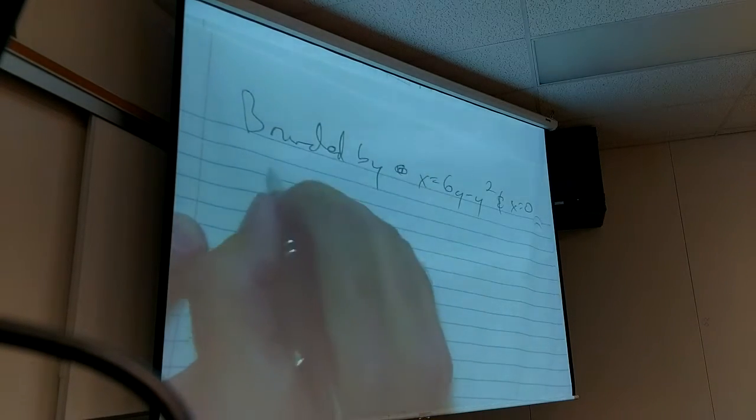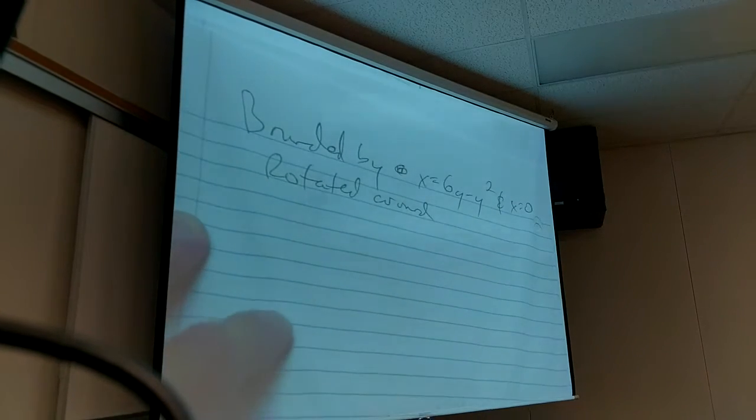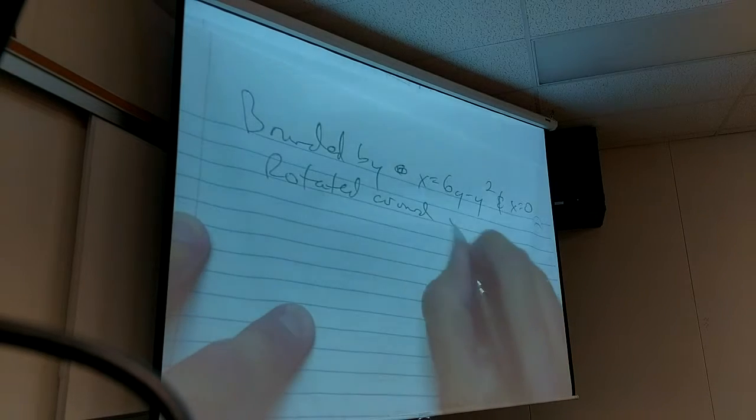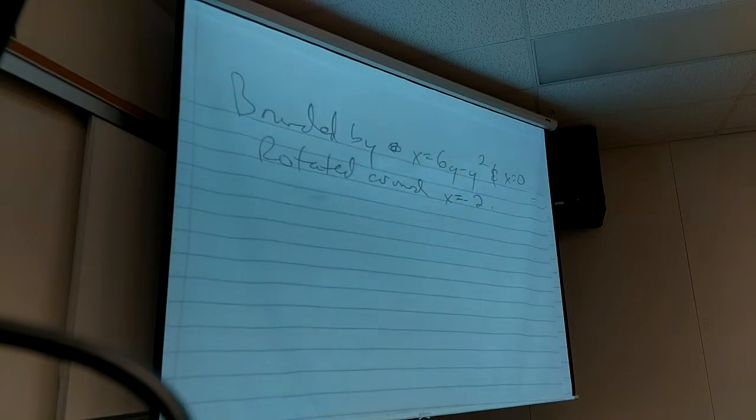But now it's going to be rotated around, what did I want to do next? Yeah, x equals -2. So the region is the same region. The axis I'm rotating around doesn't change the region.